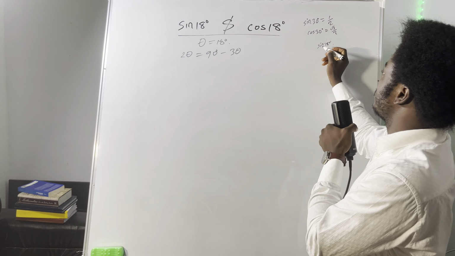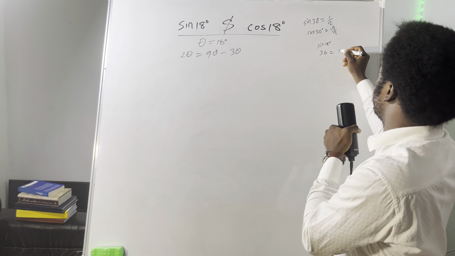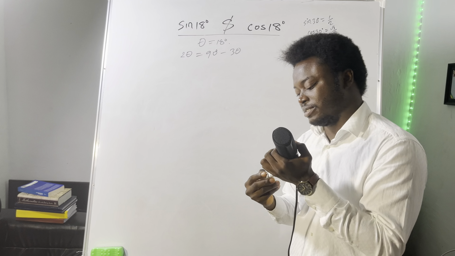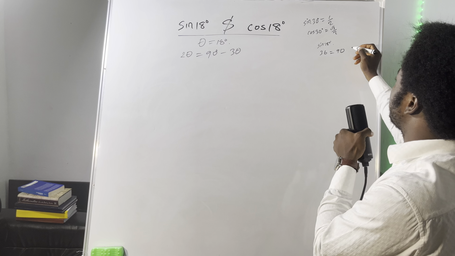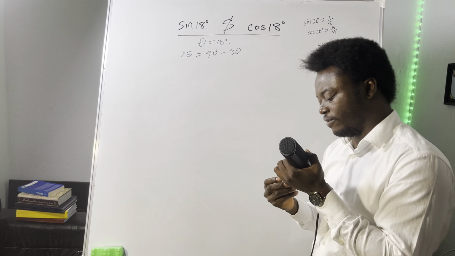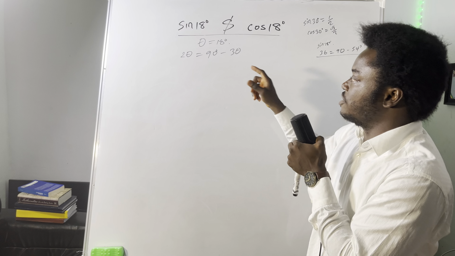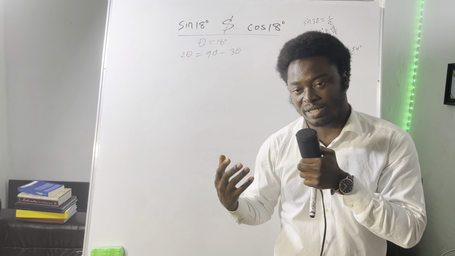Does it equal 90 minus 3 theta? 3 theta, that is 3 times 18, is 54. So does it equal 90 minus 54? Yes, it does. So this relation is true, that if theta is 18 degrees, then 2 theta is 90 minus 3 theta.